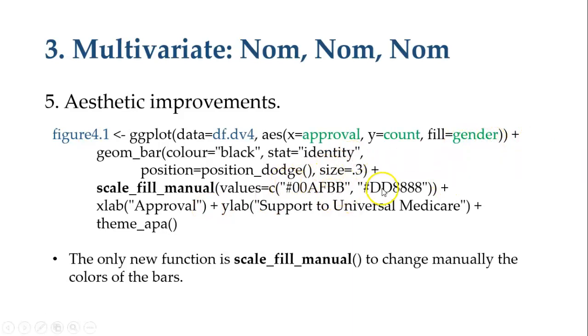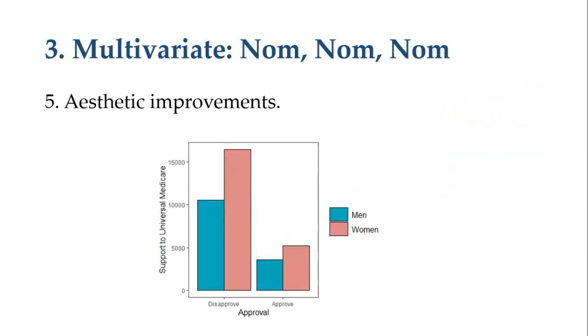So you write two different colors. If you had three categories in gender or in the control variable, you need to provide three different colors. Okay, probably you're not gonna have a problem with this, but maybe you can experience problems. So it's better that you match the number of colors that you provide with the number of categories of your control variable.